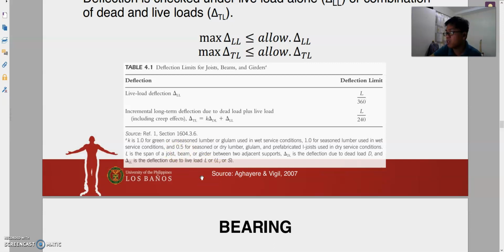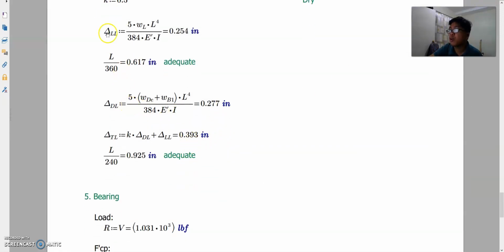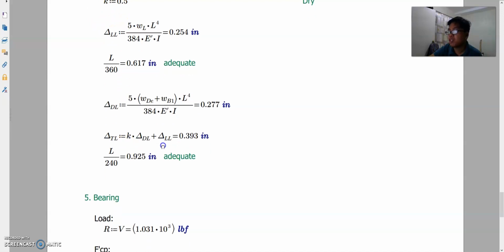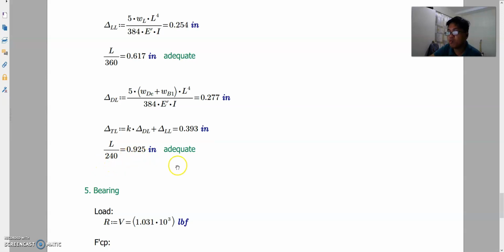And why is that the case? Because we have dry, seasoned or dry lumber used in dry service condition. And so K equals 0.5, and total deflection is 0.393 compared to L over 240, which means it is still adequate. And so we checked bending, shear, and deflection, it's adequate.